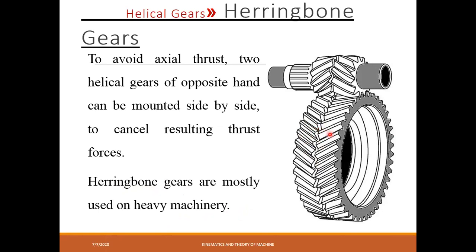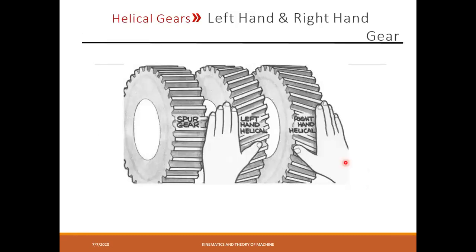Then we can cancel the resulting thrust force, and this new generation of helical gears is called herringbone gears. And herringbone gears are mostly used on heavy machinery where more axial thrust load is generated.